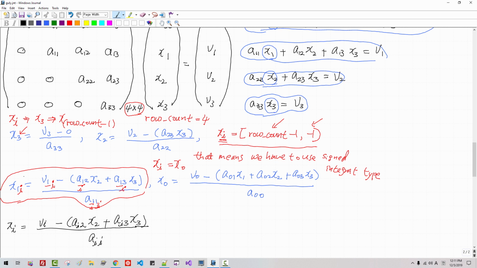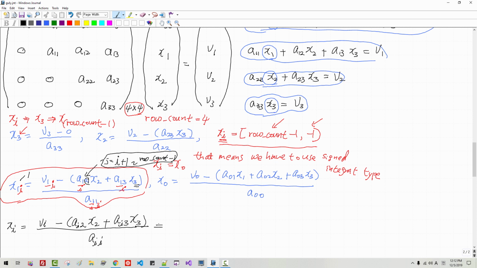In this case, i is 1, so j is greater than 1. Okay, this is the starting index. We will denote it by j. j is greater than i by 1. This is row count minus 1.